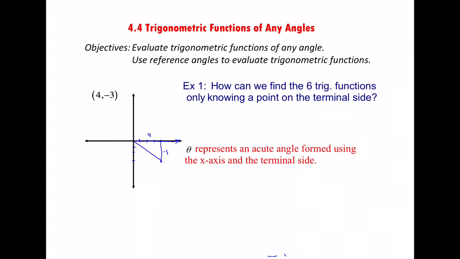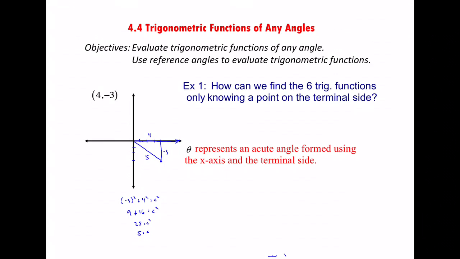So if we figure out the hypotenuse, we can do the side squared plus side squared is equal to the hypotenuse squared, so that's 9 plus 16 is equal to c squared, so 25 is equal to c squared, so 5 is equal to the hypotenuse. So we have our right triangle.